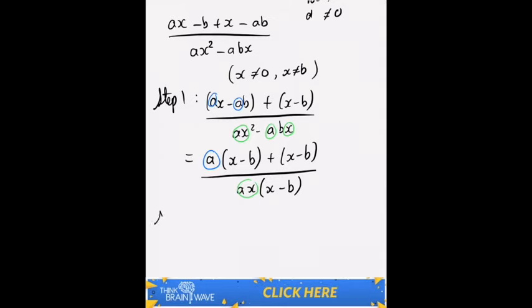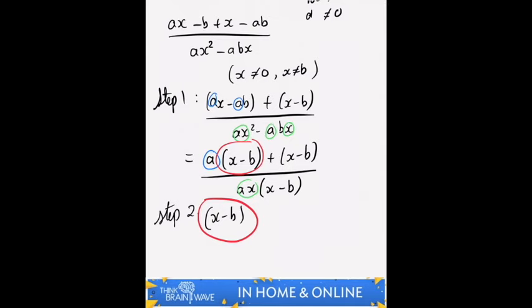Let's take our step 2. Common factor. Common factor would be x minus b. And the reason we say that is because you've got this over here and this over here. We'd then say a plus 1, because there's an imaginary 1 over here.